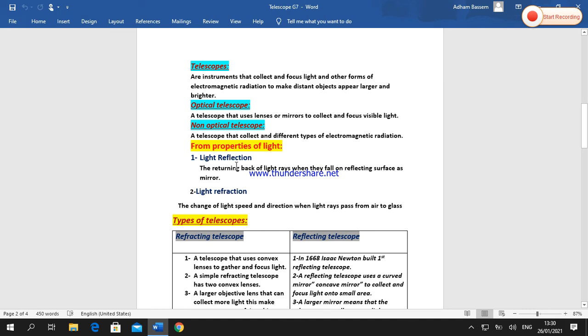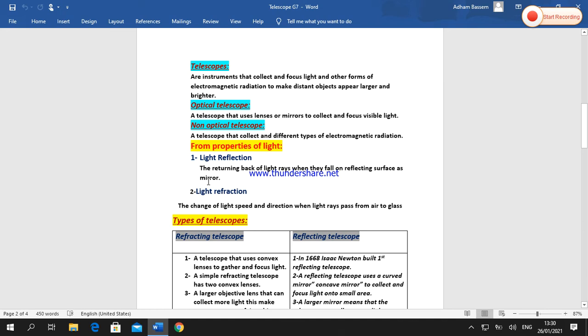Light reflection means when the white light falls on a reflecting surface and returns back, it is called light reflection, okay? Light reflection occurs on a reflecting surface such as a mirror. So mirror is considered a reflecting surface, okay?